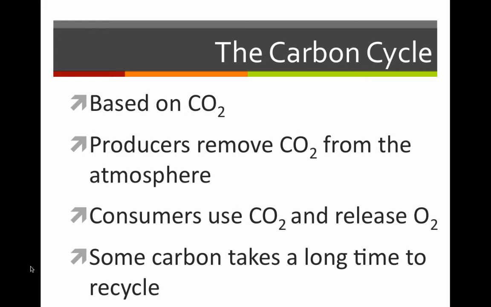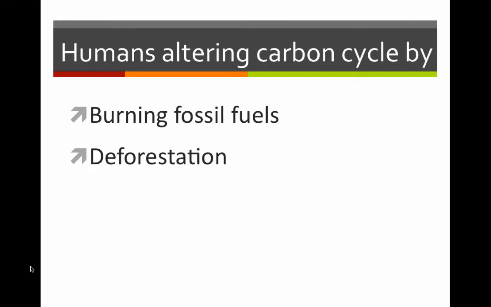And so sometimes carbon takes a long time to recycle because it's being stored in things like fossil fuels. And that's one of the ways that humans alter the carbon cycle. By burning fossil fuels, we're releasing that stored carbon back into the atmosphere at a much faster rate than it was put away.